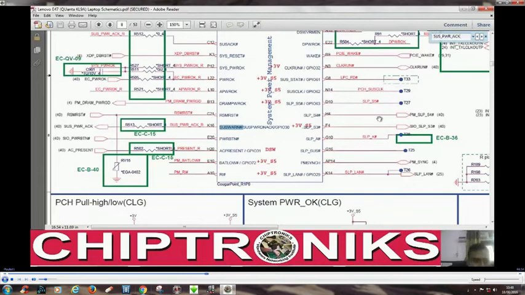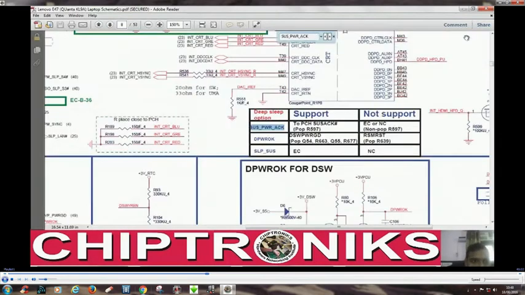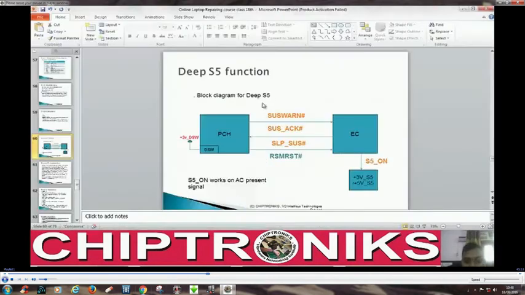Let me just search page number 40. Yeah, you can see the SUS_PWR_ACK is going to the IO controller. So SUS_PWR_ACK, which is SUS1, is going to the EC.